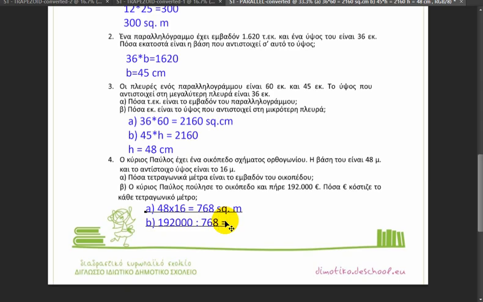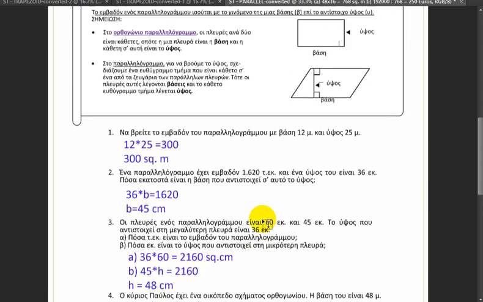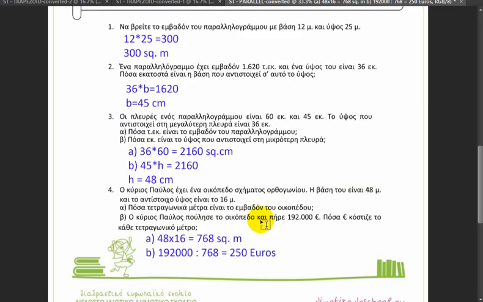So I need to do 192,000 divided by 768. You can do this vertically, and it should give you 250. So each square meter should have cost 250 euros. And there's that entire exercise. If you want to check it, pause the video.